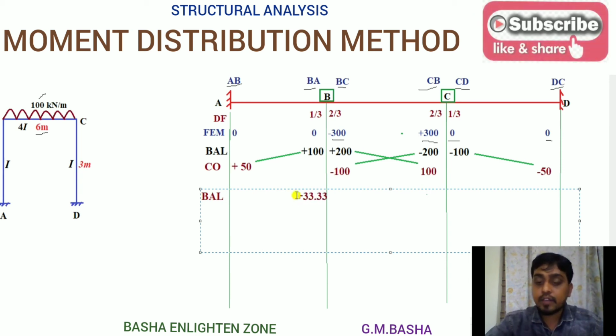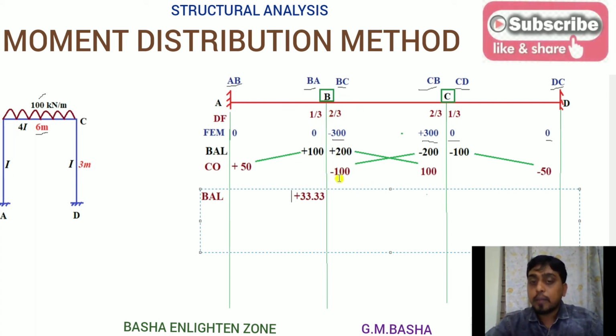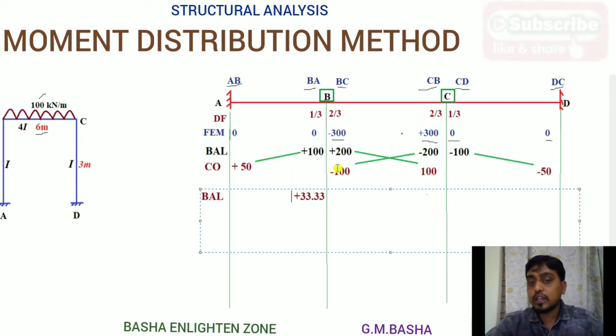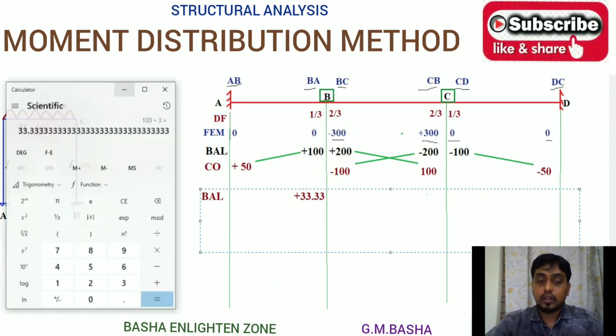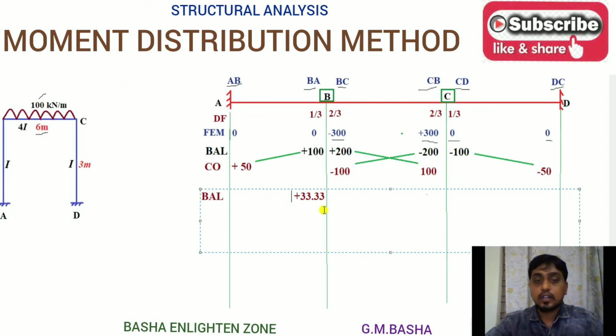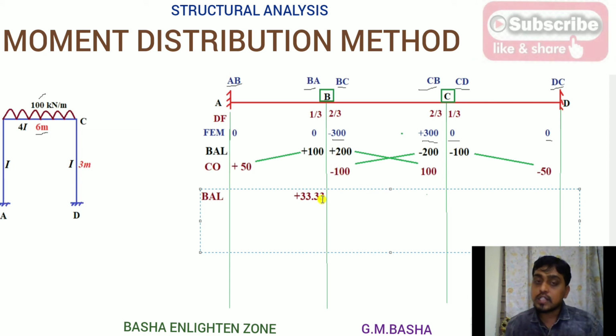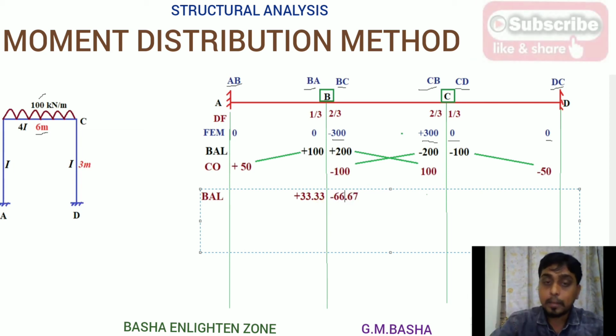Similarly, in the same way, here minus 100 into 2 by 3. Minus 100 plus 0 into 2 by 3, means 100 into 2 by 3, means 200 divided by 3. So you will get 66.66. Here the value is in terms of negative, therefore I am taking the positive symbol, means I am just changing the sign of the value, minus 66.67, sorry, plus.